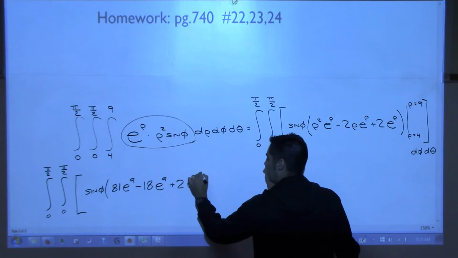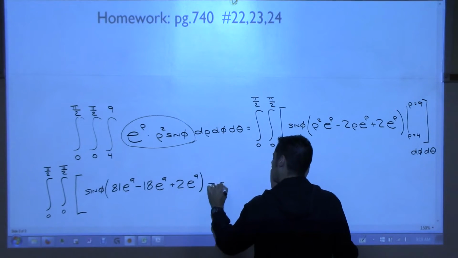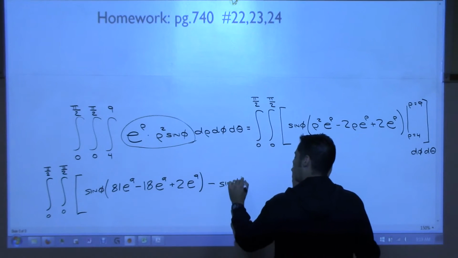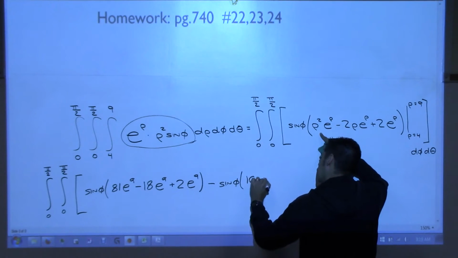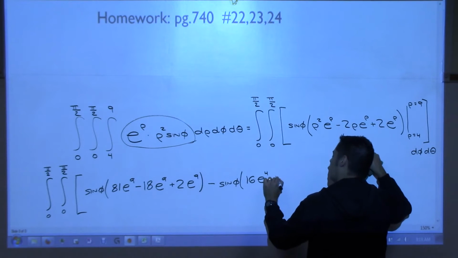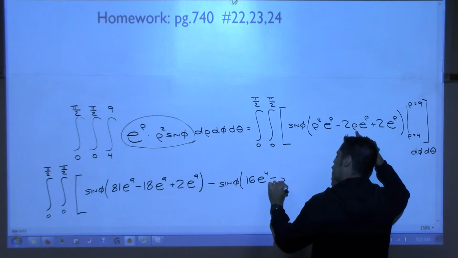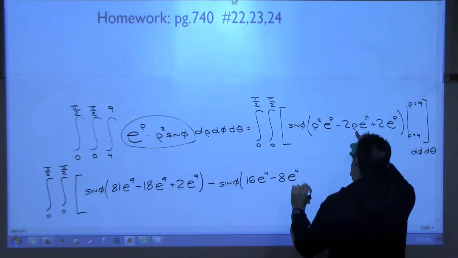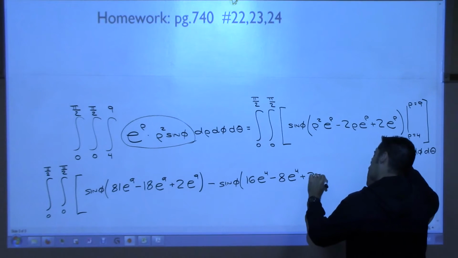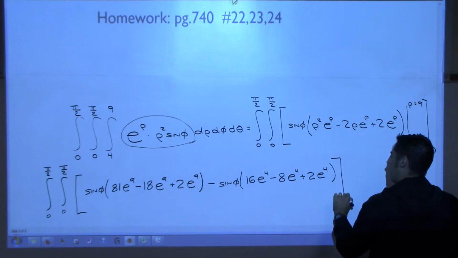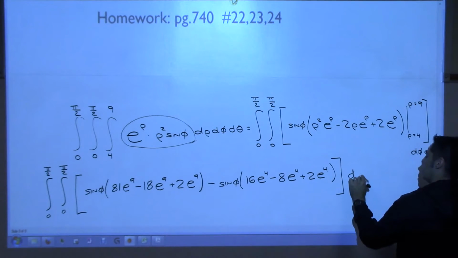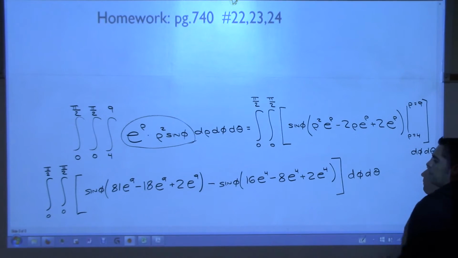That's what I get when I plug in 9. Then minus, again, sine phi, and then plug in 4. So 4 squared, 16, e to the 4th, minus 4 here, we get 8, e to the 4th, and then plus 2e to the 4th. All right, d phi d theta.